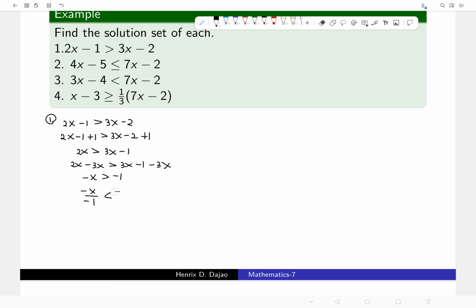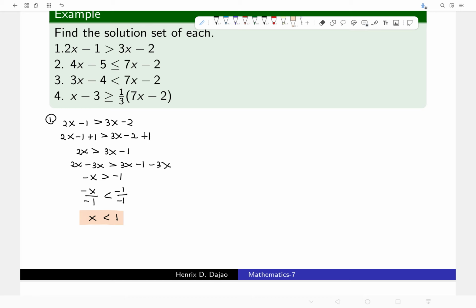Less than negative 1 over negative 1. So, of course, negative 1 divided by negative 1, so they cancel out. So, you're left with x will be less than negative 1 divided by negative 1 is 1. So, our solution, the values of x are those that are less than 1.